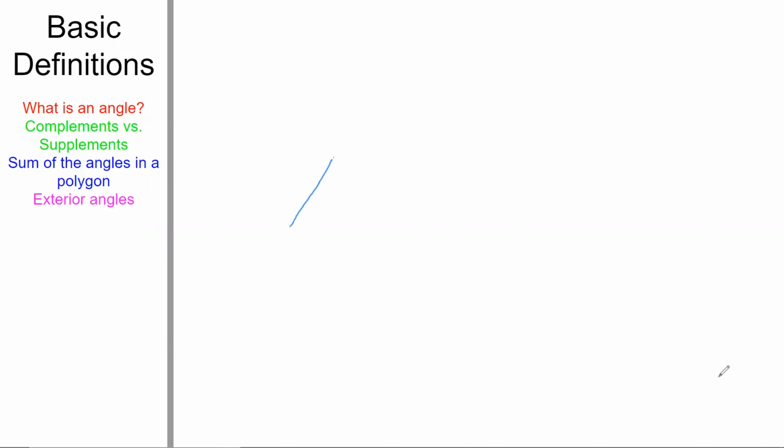So for example, if I gave you this triangle, and I said that this angle right here is 60 degrees, this angle right here is also 60 degrees, then what is this angle? Most of you guys are saying 120 degrees, which is correct.